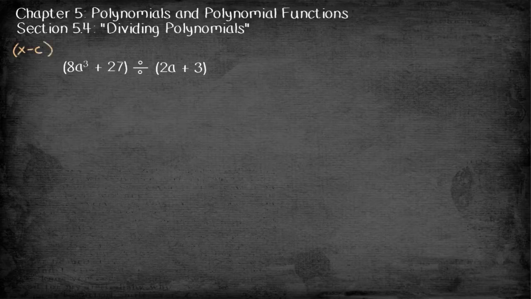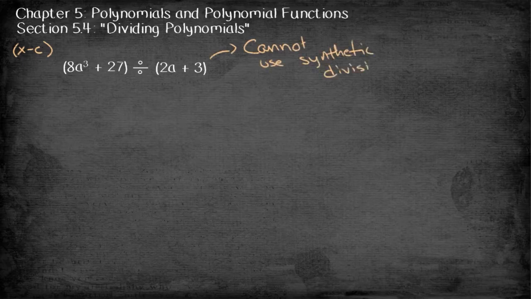All right, last example. Here we have 2a plus 3, and a bit of a caution here, because remember, we can only use synthetic division when we are dividing by something of the form x minus c. This is not, right? There's a 2 in front of the variable. So I cannot use synthetic division. So we got to do it the old-fashioned way with long division.